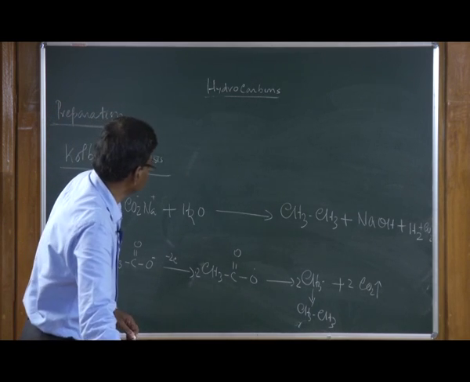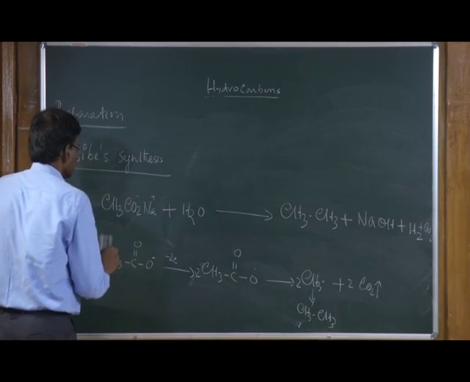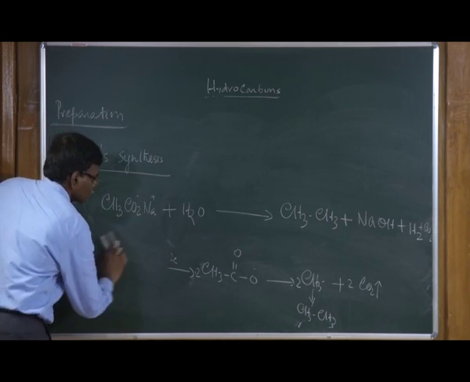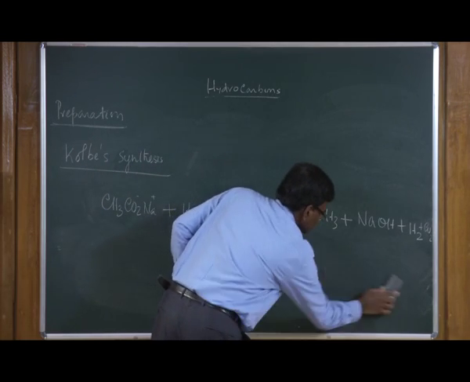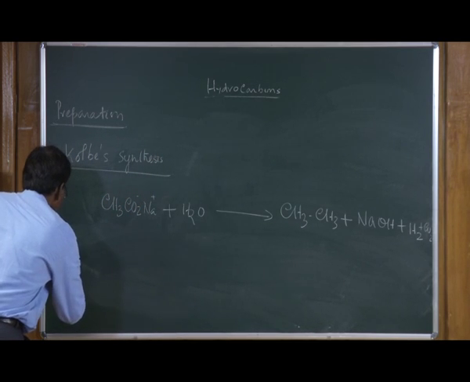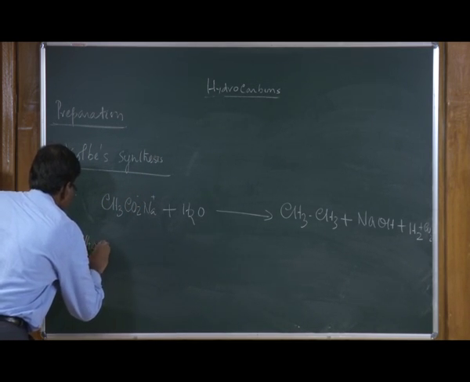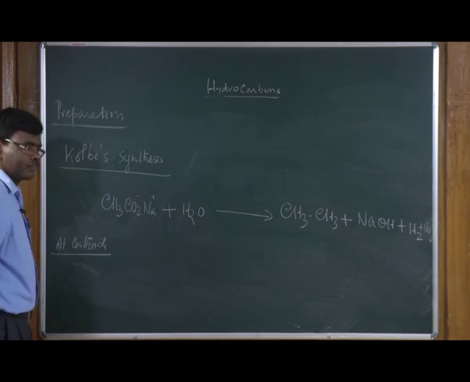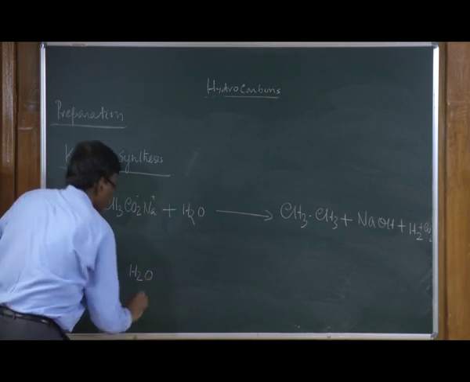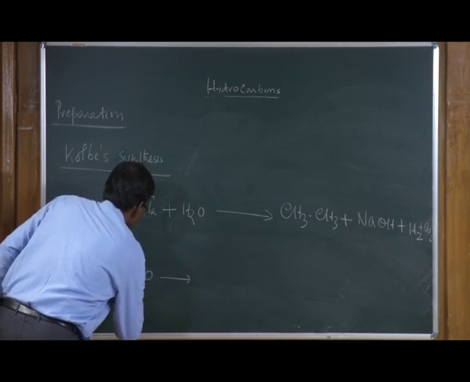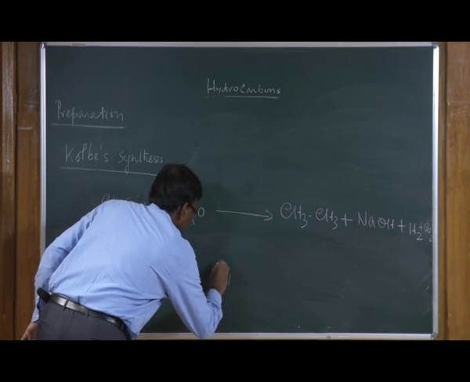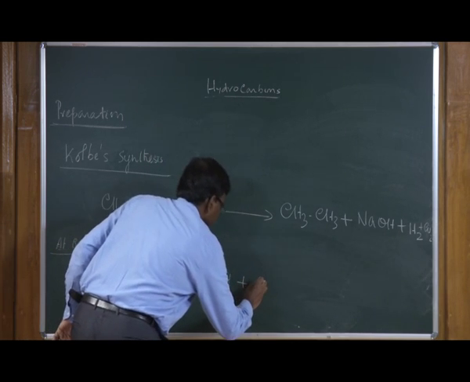At the cathode, water takes 2 electrons, and then you generate OH minus plus H dot.